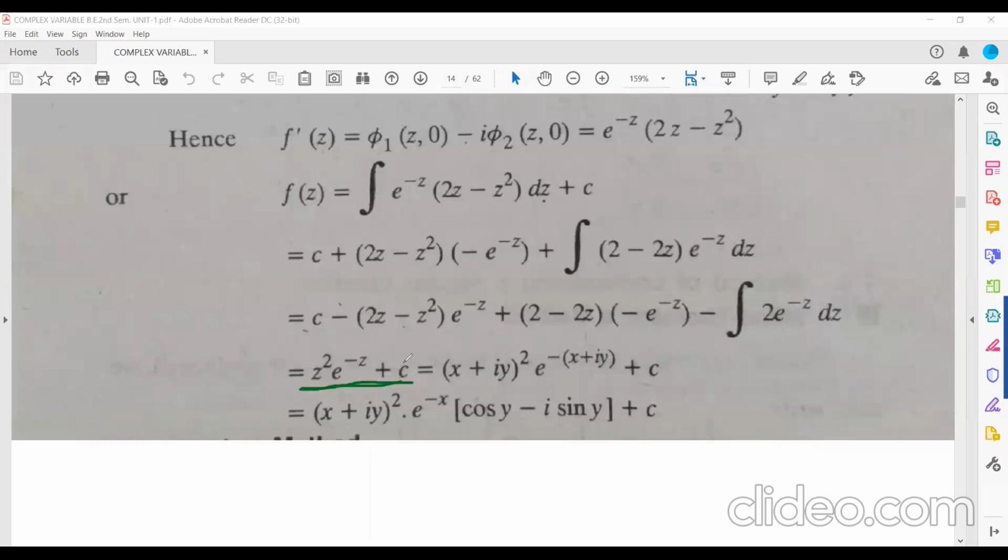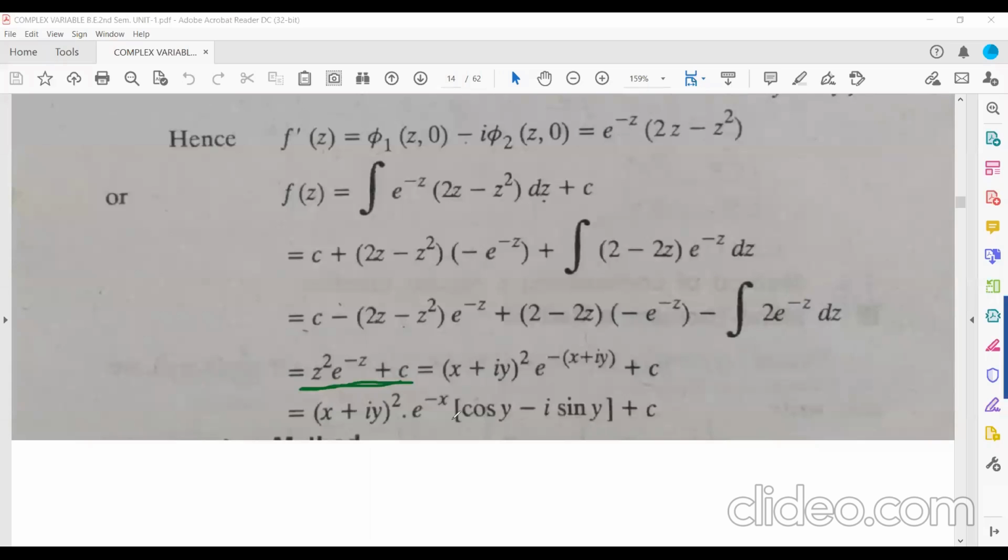You got the analytic function, but your question is to find v. So to find v, you need to replace z by x plus iy, and then you separate the real and imaginary parts. Whatever real part you get after splitting, you will get the same real part as given in the problem.